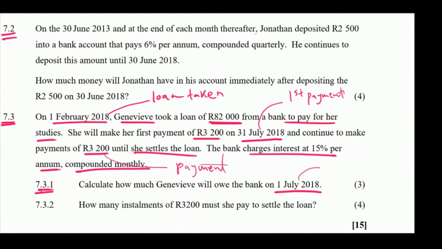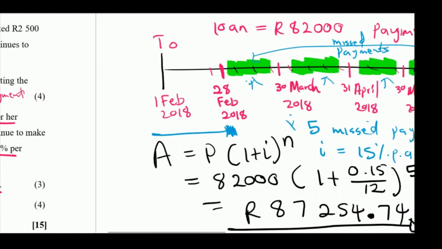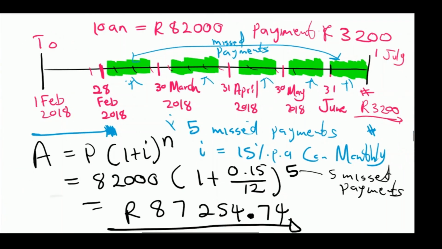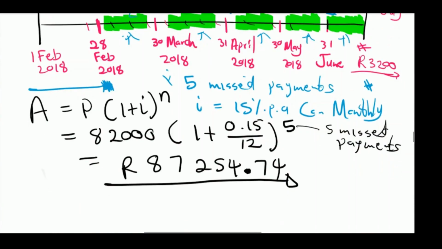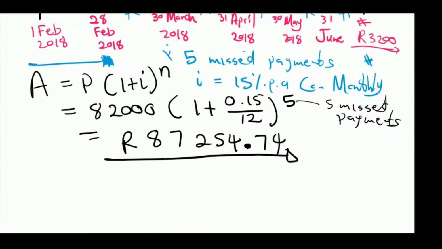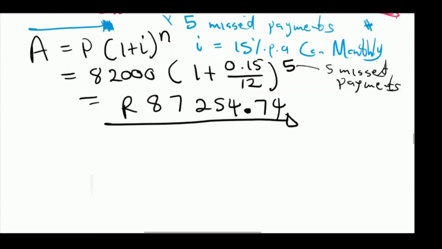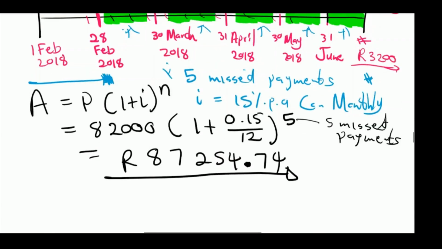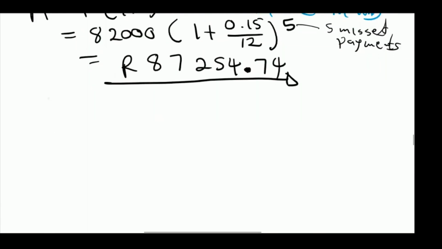Then now 7.3.2 says, how many installments of 3,200 rand must she pay to settle the loan? So now we know the loan is 87,254. We want to know the number of payments that she'd have to make if she pays 3,200 rands, right?